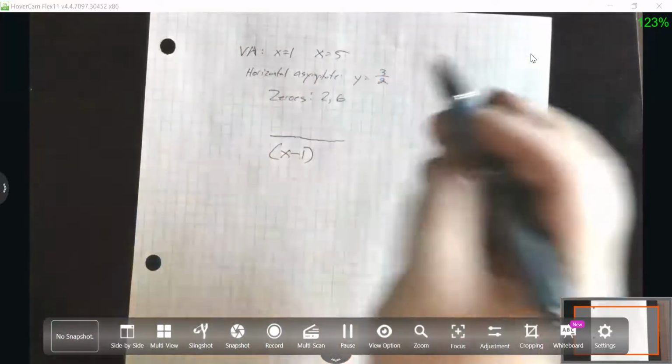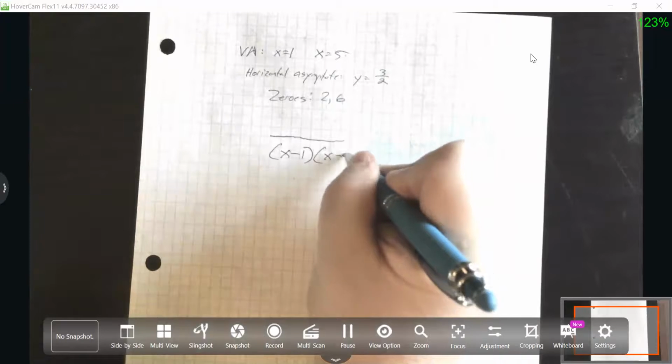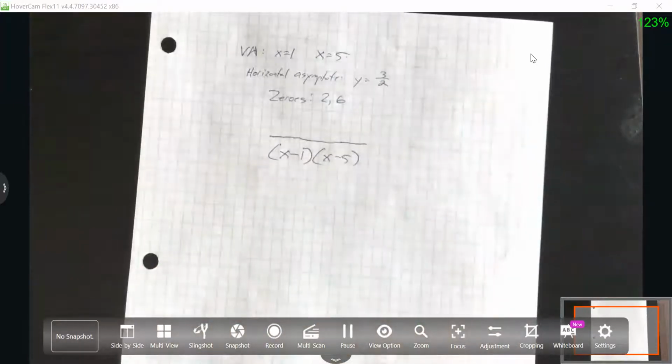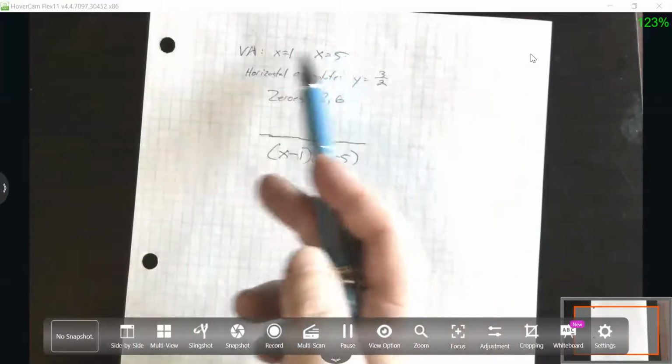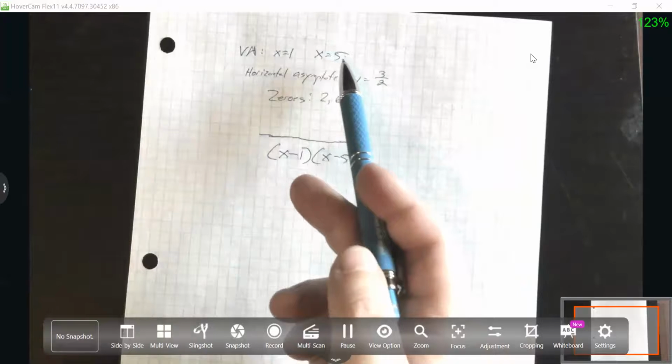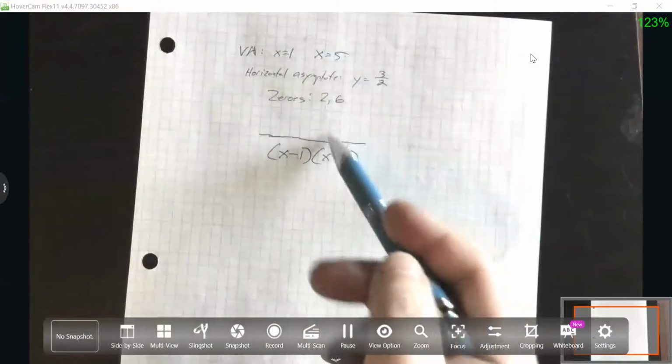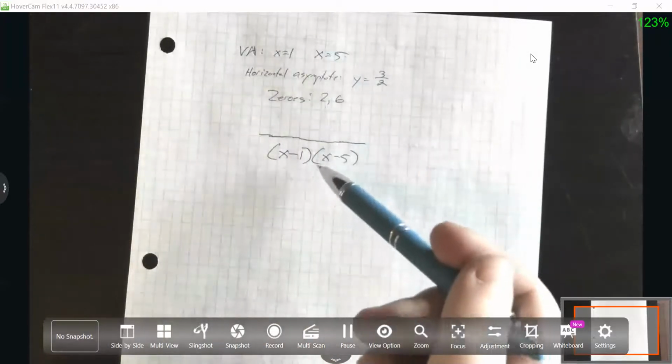If I have a vertical asymptote at x equals 5, that means x minus 5 had to be one of those same factors. So having a denominator of x minus 1, x minus 5, and them not canceling gives me vertical asymptotes. If it was a hole, I would have to have it be cancelable by the time we're done.